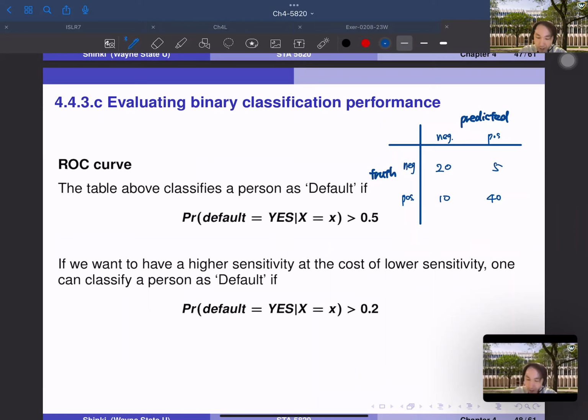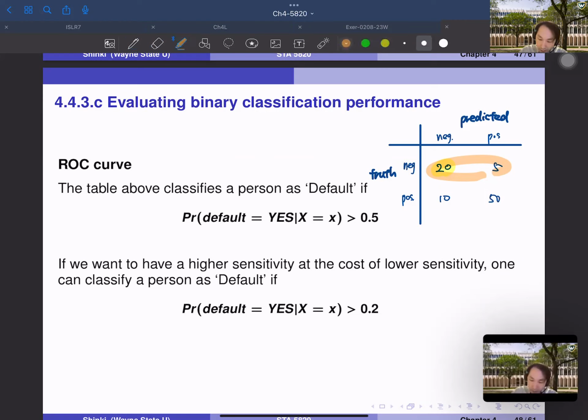So in this case, the specificity is what? The 20 over the 25. So 80% specificity. Maybe this is not really the best example, so maybe we change the number. If this is 50, then we predicted 50 out of 60 of the positives.